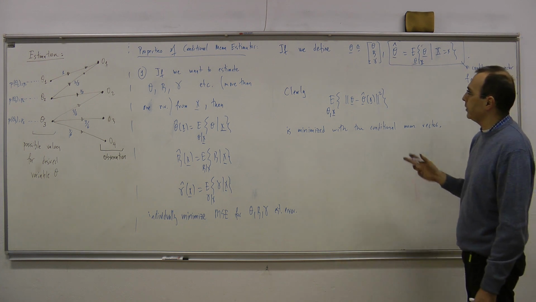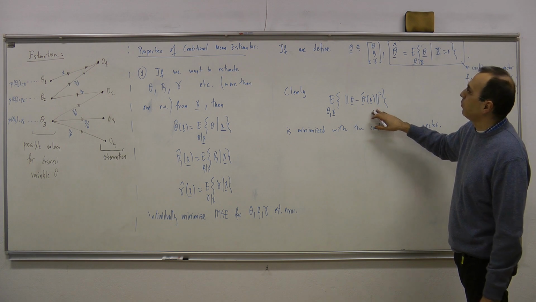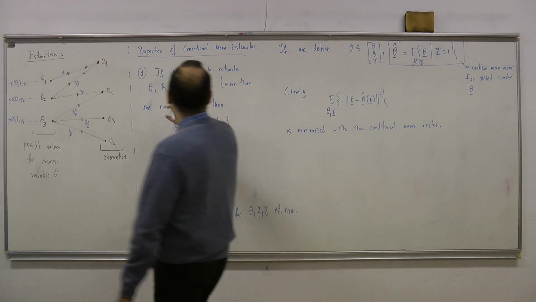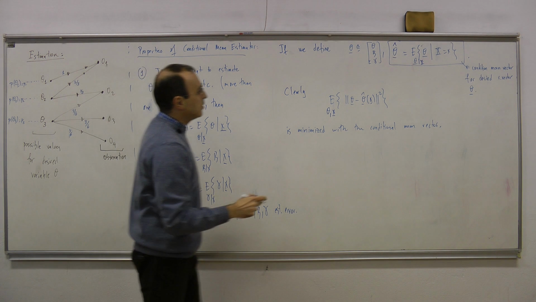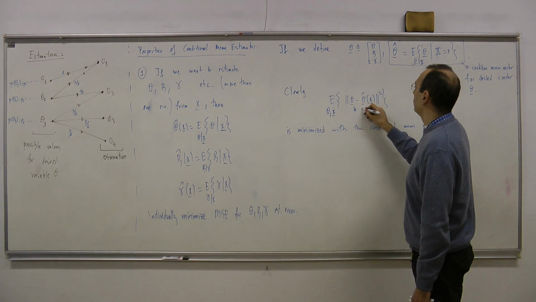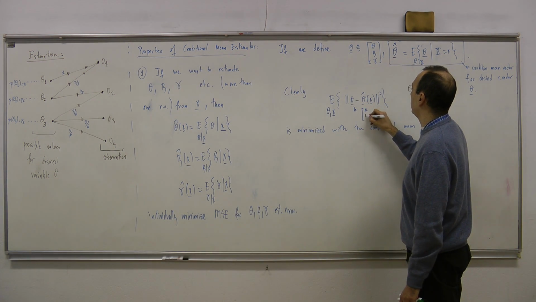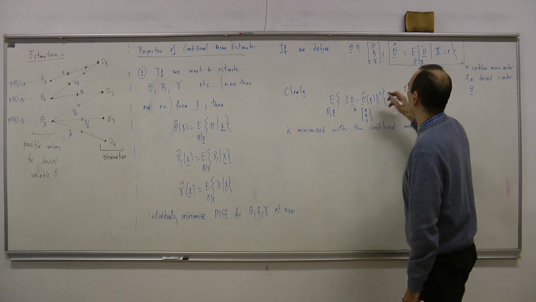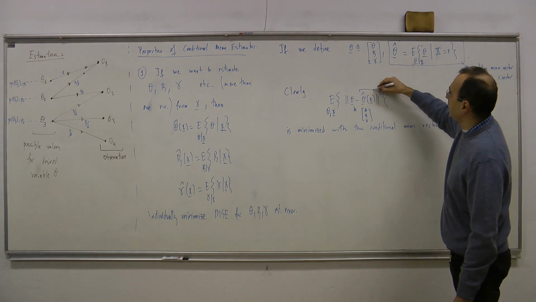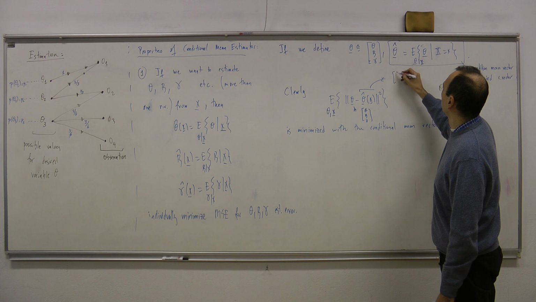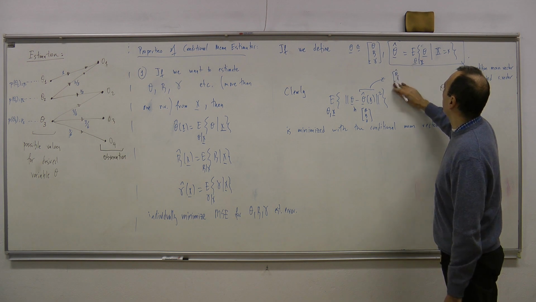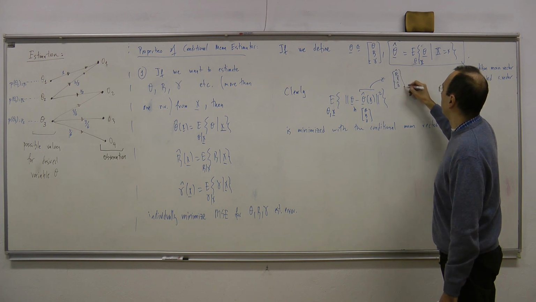So what do I mean by this? Now this is the risk for the estimation of, let's say, three quantities, in this case theta, beta, gamma, and this is nothing but their estimates, theta hat, beta hat, and gamma hat.